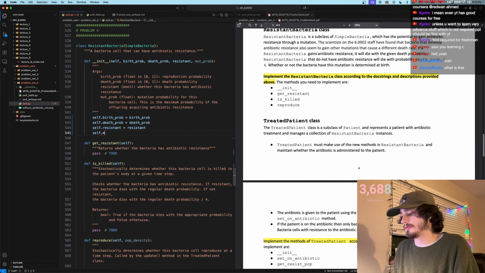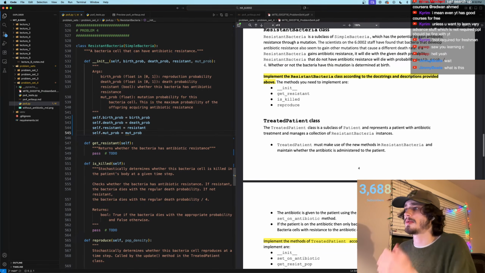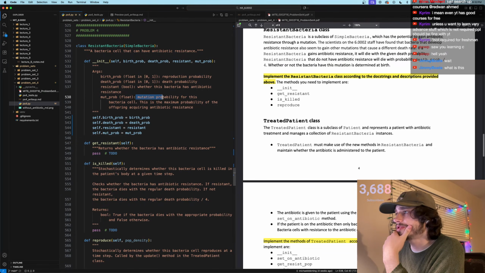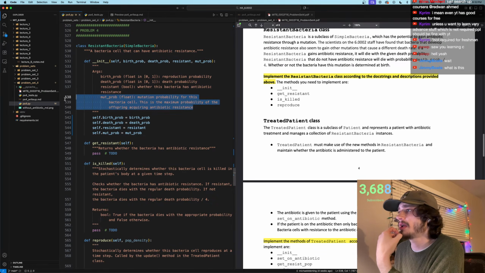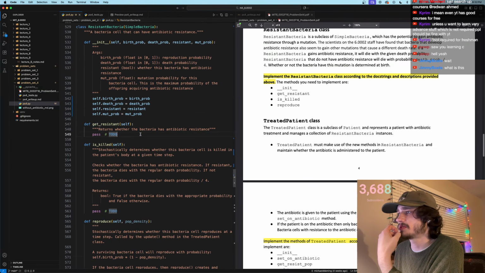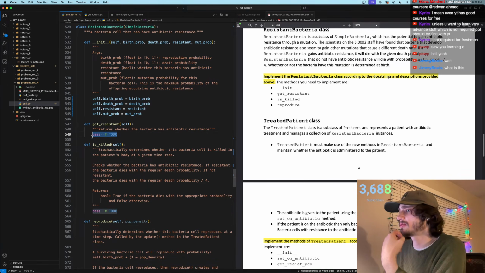And then self dot mutation probability is equal to mutation probability, which is a float, the mutation probability for this bacteria cell. This is the maximum probability the offspring acquires antibiotic resistance. Okay, so get resistance returns whether the bacteria has antibiotic resistance or not.